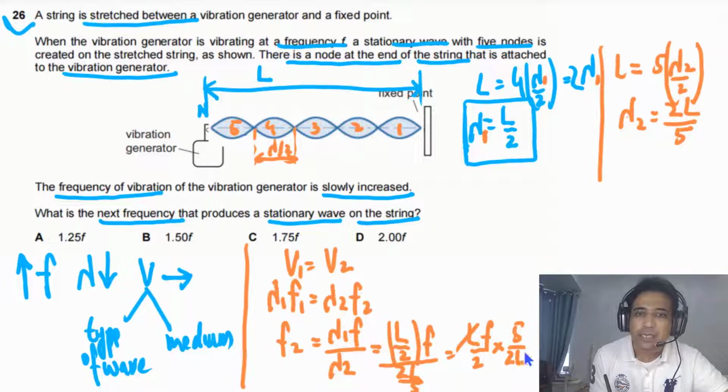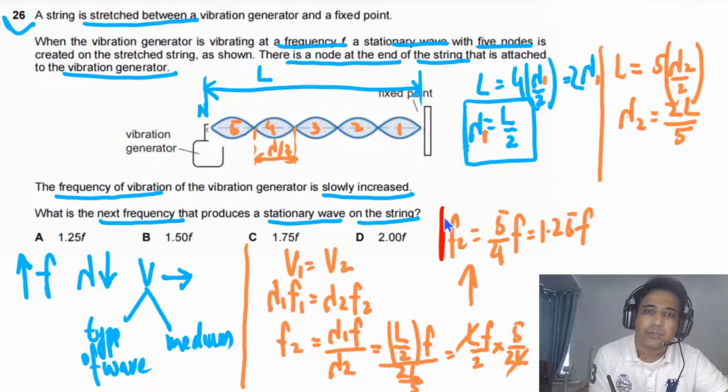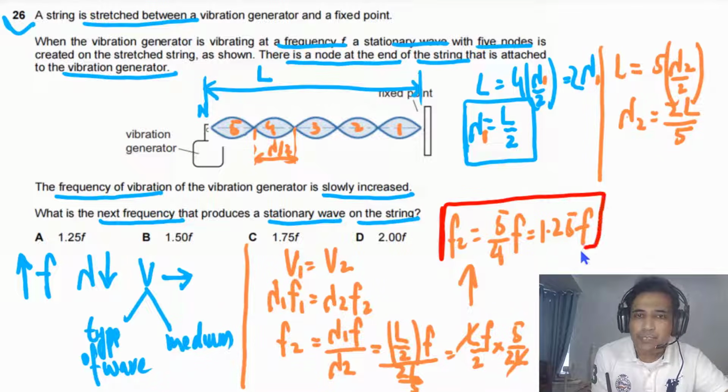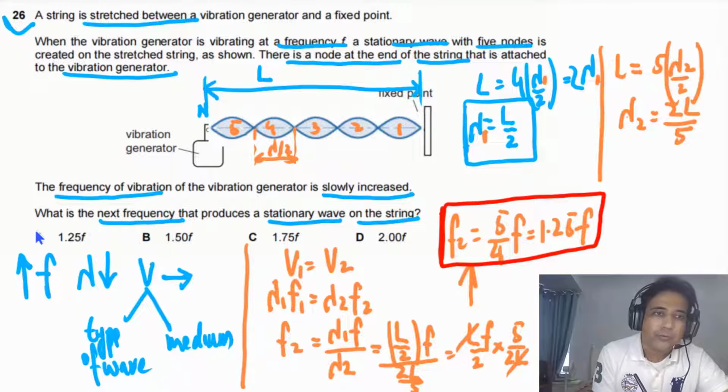We can cancel this L with this L. So we are left with F2 equal to 5 divided by 4 times F, which is 1.25 times F. A beautiful question and a beautiful technique to handle this type of problem. So our final answer is 1.25, and the answer for this question is A.